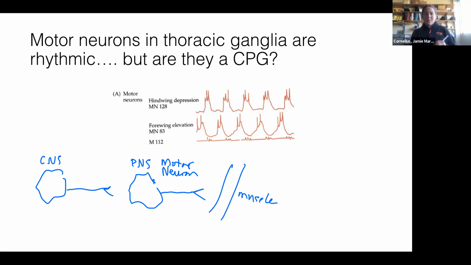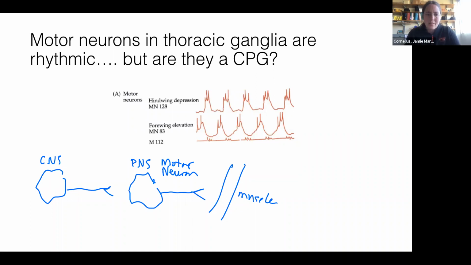Theoretically, you could have the motor neuron that's generating the rhythmicity of the muscle contractions, or you could have a neuron that's higher up in the control pathway, maybe somewhere in the central nervous system. So this highlights one problem.